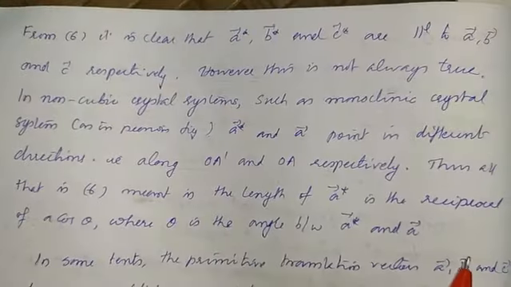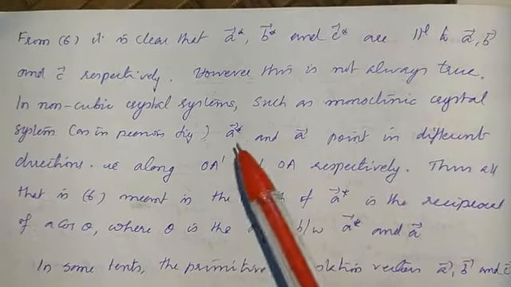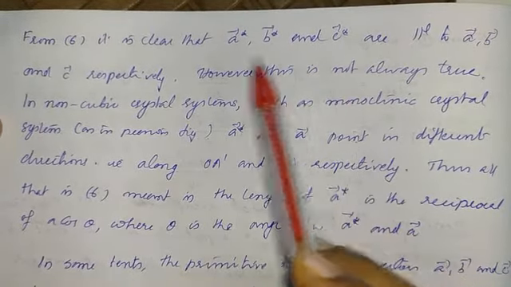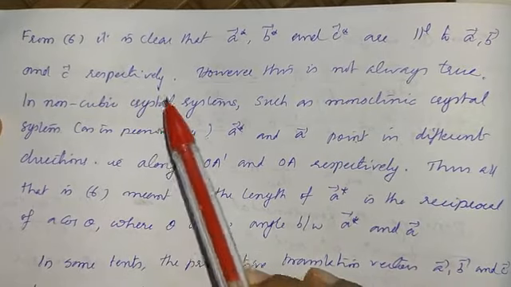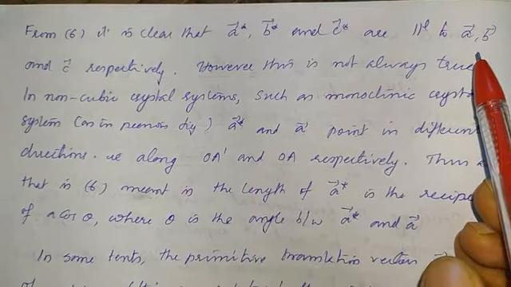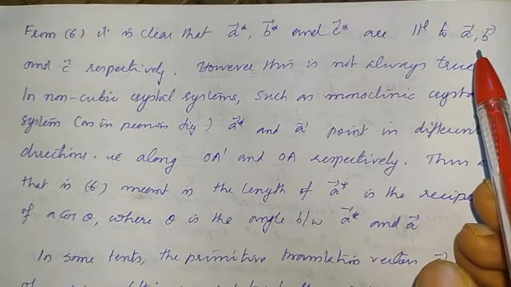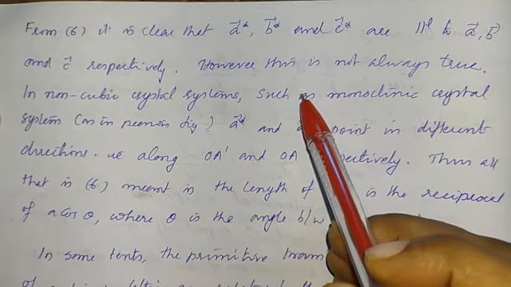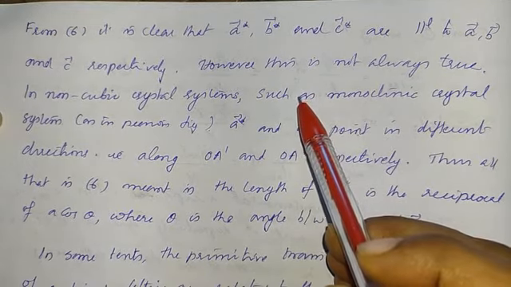So from this expression, it is clear that a star, b star and c star are parallel to a, b, c respectively. That's why this relation, that is a dot a star, b dot b star and c dot c star, came to 1. However, this is not always true.